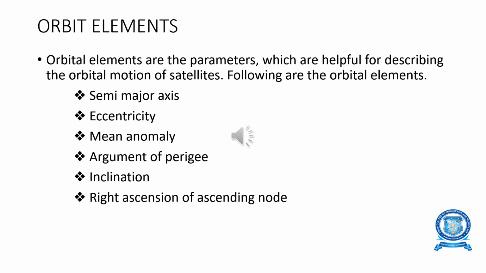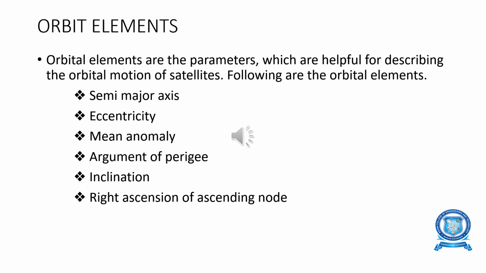The orbital elements are the parameters that help describe the orbital motion of a satellite. The orbital elements are semi-major axis, eccentricity, mean anomaly, argument of perigee, inclination, and right ascension of ascending node.